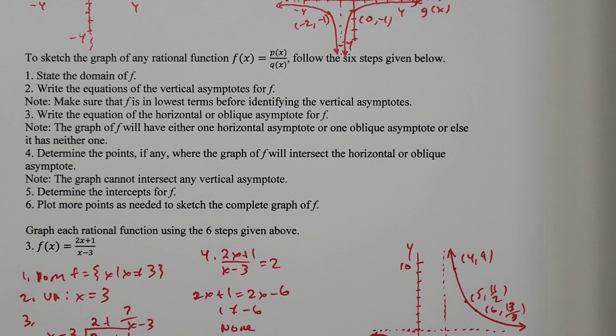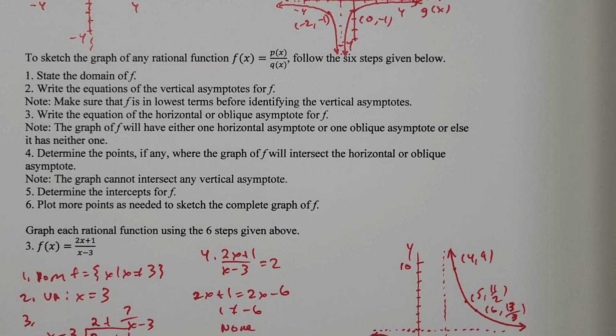There's a note there. It says the graph of f will have either one horizontal asymptote or one oblique asymptote, or else it doesn't have any of them. There are functions that have 2 horizontal asymptotes, but you guys aren't going to have to worry about anything like that.